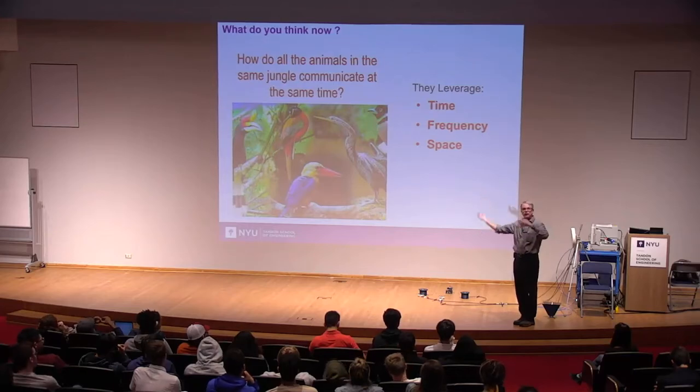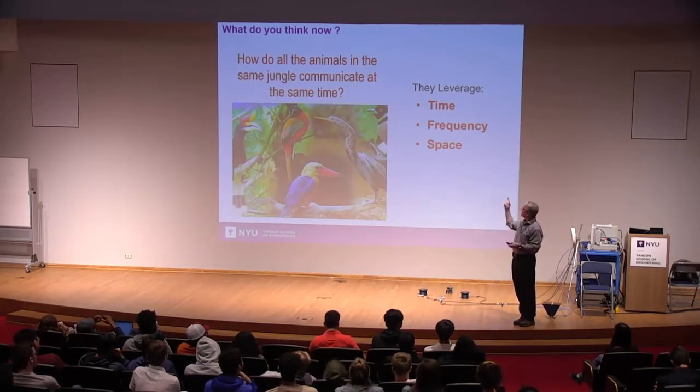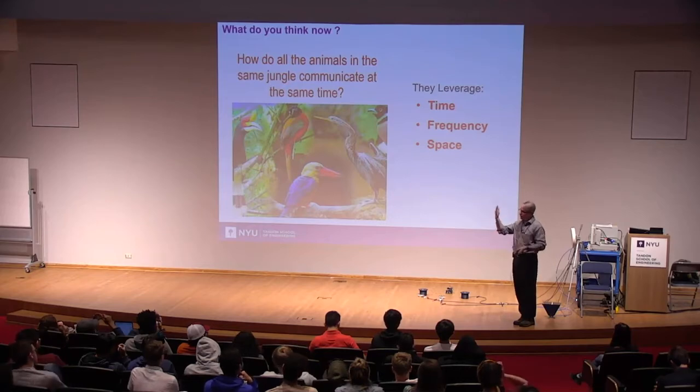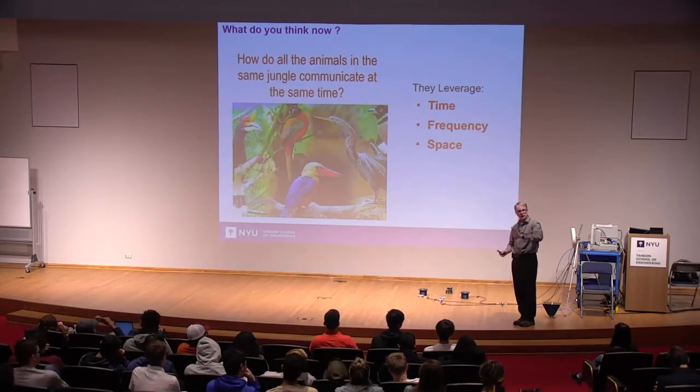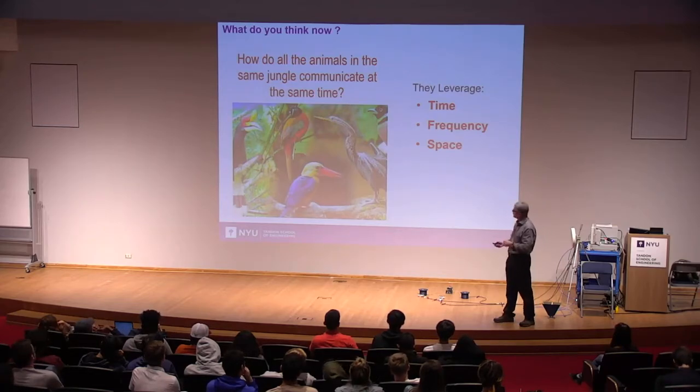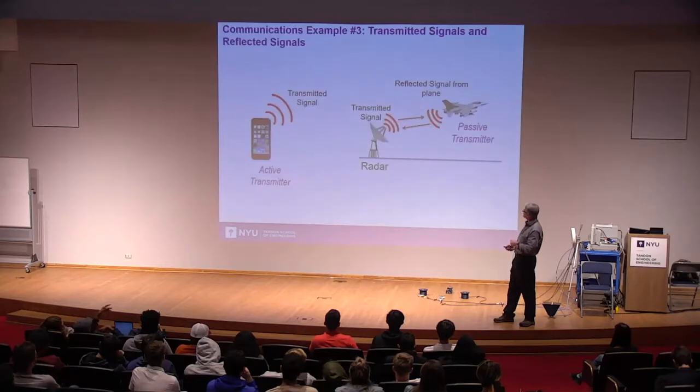So I can share in time. Obviously I can do frequency, everybody's evolution has a different one, but also space. You don't necessarily have the same species in different places. I'm sure there's some species that migrated to the very tops of trees for some reason, maybe to get away from all the noise. And obviously the frogs are way down, so they also use the same techniques. So this is all available to us as engineers as well.